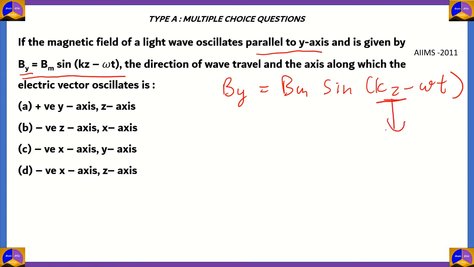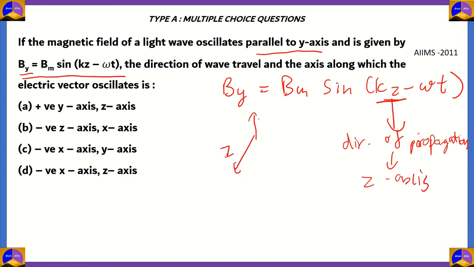So that alone should show you that the direction of propagation of light is along the z-axis. And since the magnetic field is going along the y-axis, the light ray flows along the z-axis.